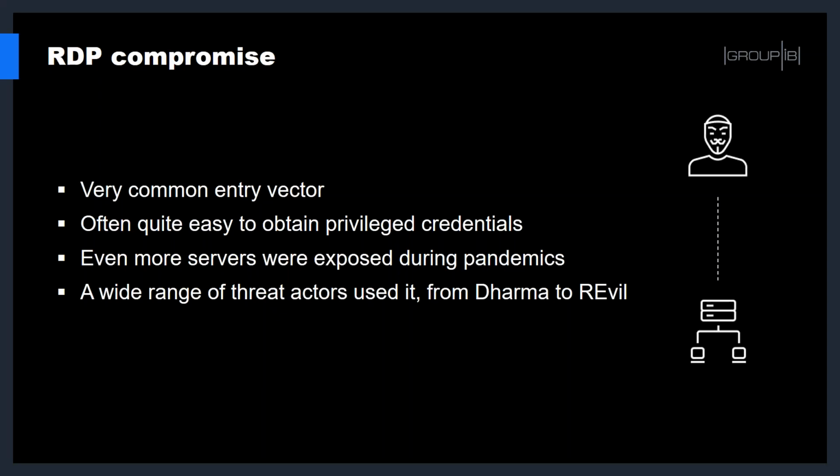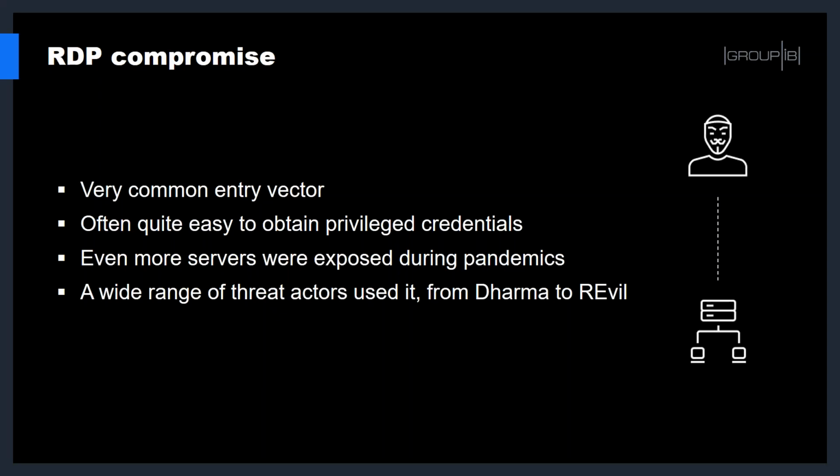But there are some other threat actors that are much more sophisticated. For example, REvil. This group used quite a lot of different initial access vectors. We'll discuss many of them on the further slides, but this group used RDP as an initial access vector as well.